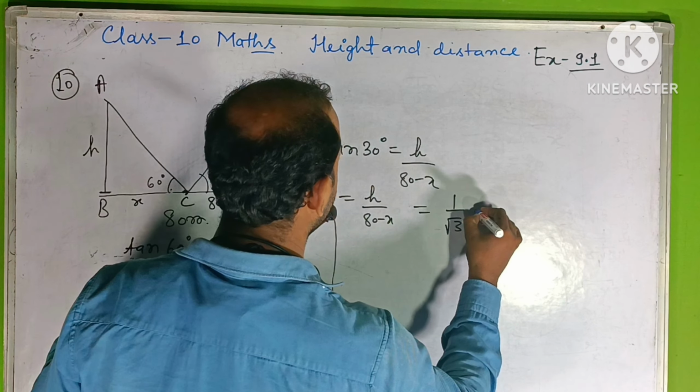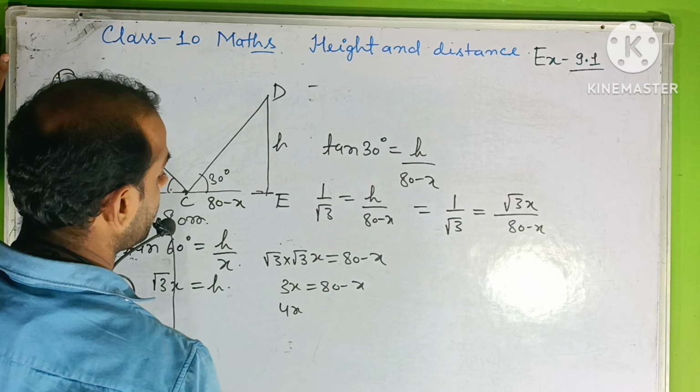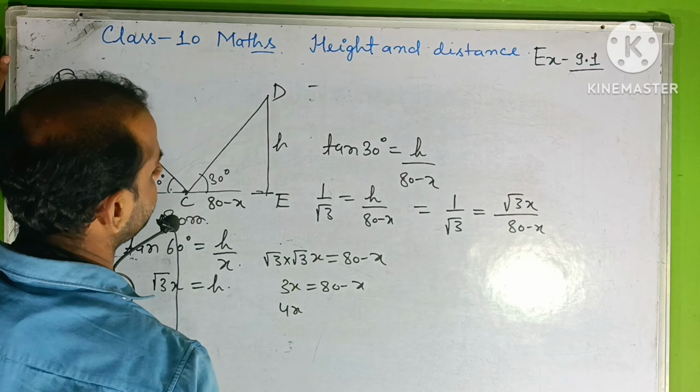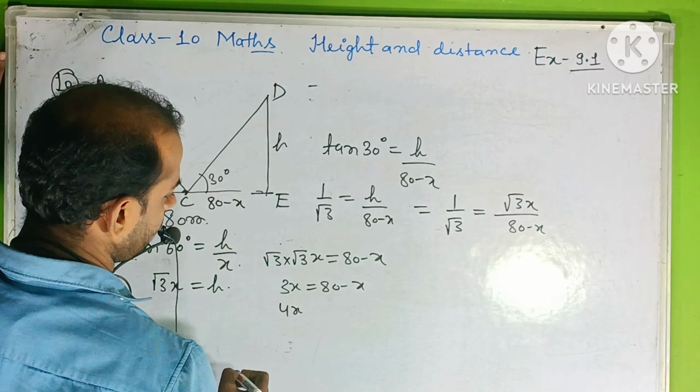Now this will become 3x is equal to 80 minus x. This x will come here and it will become 4x is equal to 80, then x is equal to 80 by 4, which is equal to 20.